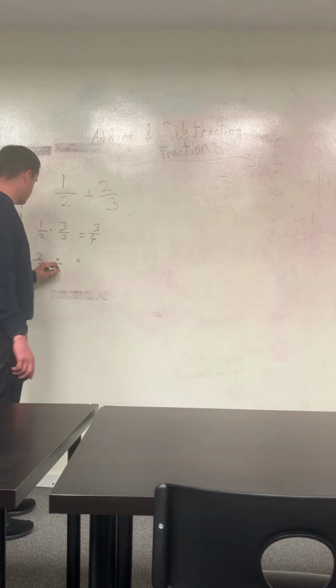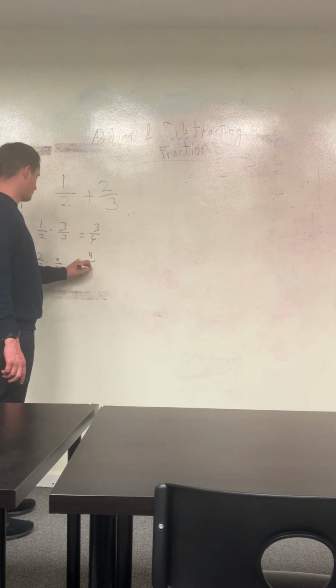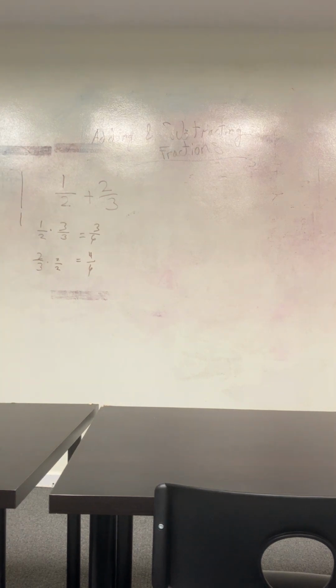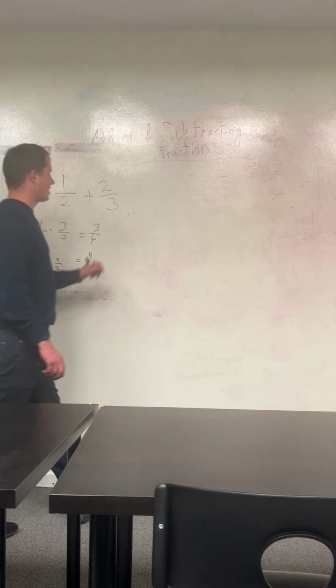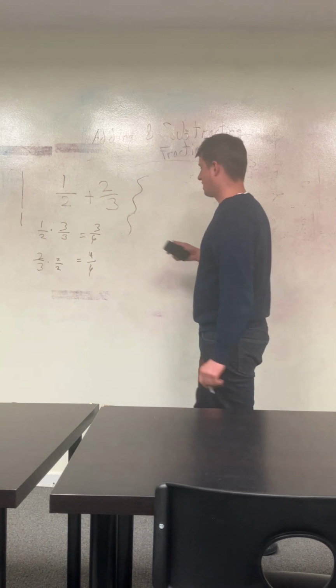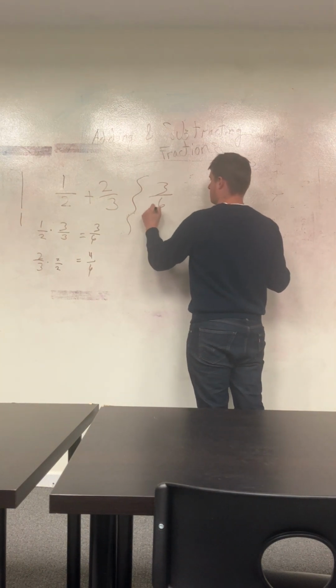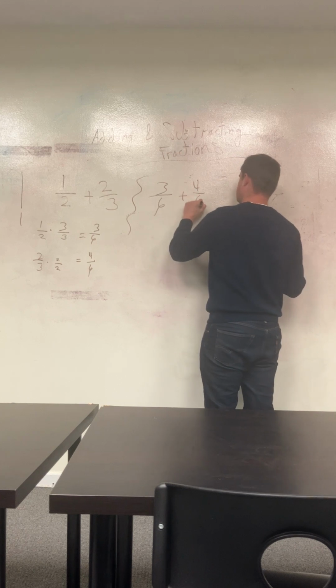What do you think, Ruth? 2/3 is going to give us over 3. What can we multiply this by so that it ends up having 6 in the denominator? 2. Yep. 2/2. 4/6. Now that we have this, we can rewrite it as 3/6 plus 4/6.